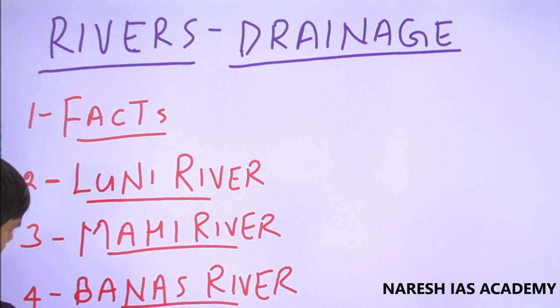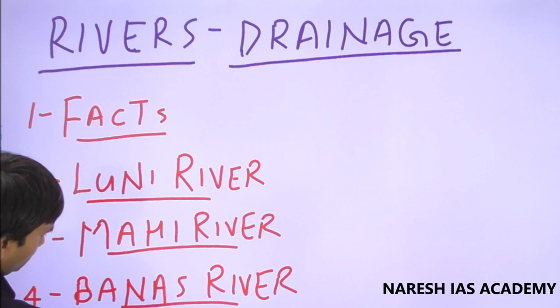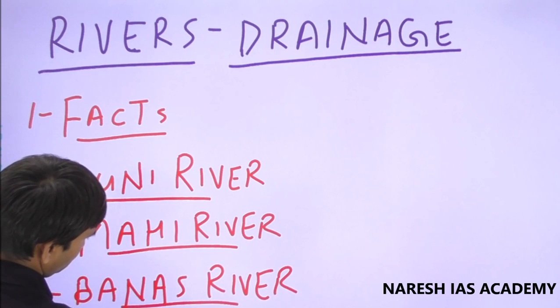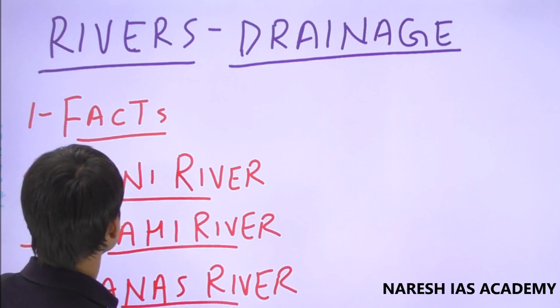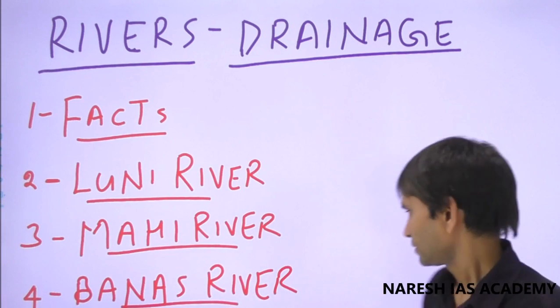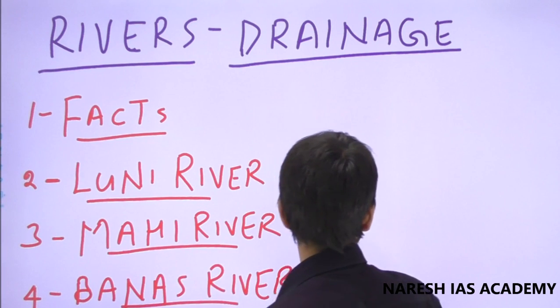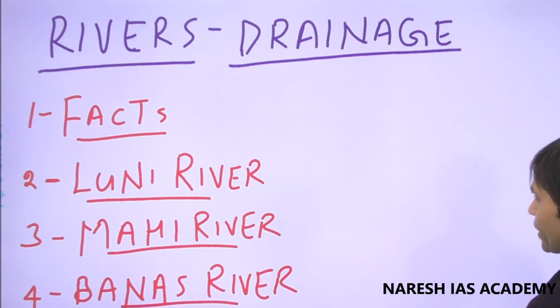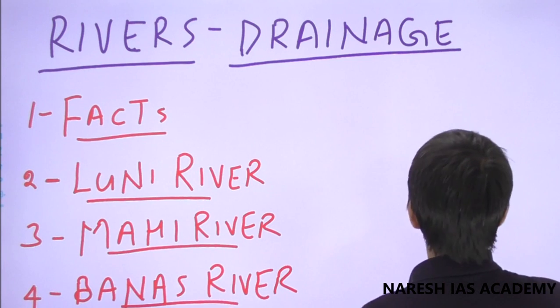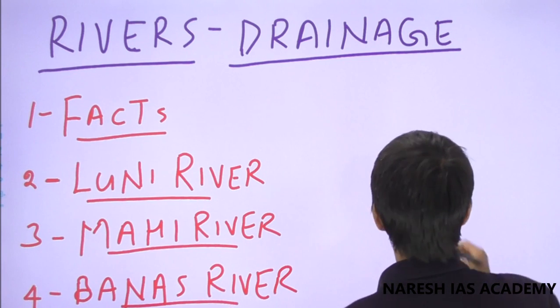Then Chambal river. And the others. Through the map of Rajasthan, we can locate their flowing path.